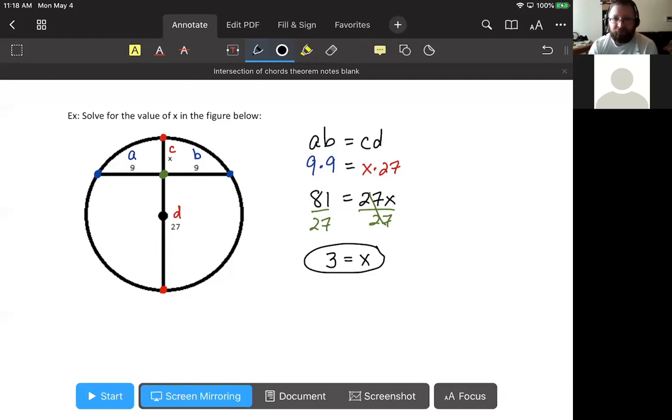A times B is always equal to C times D, where A and B are the pieces of one of those chords, C and D are the pieces of the other chord. Okay? Don't let the pictures confuse you. Just remember that they're intersecting, which is breaking them into two pieces. And the products of those pieces must be equal.